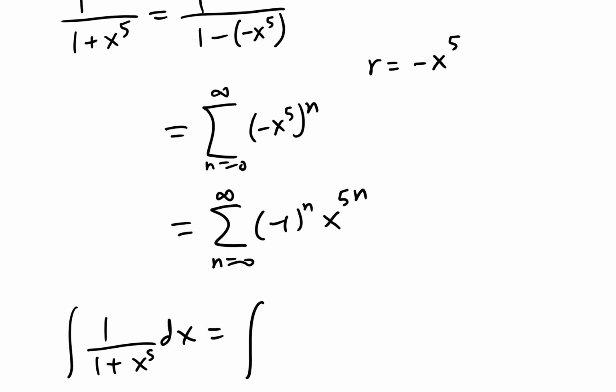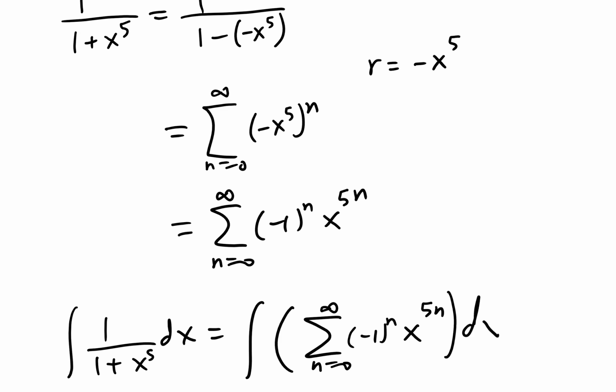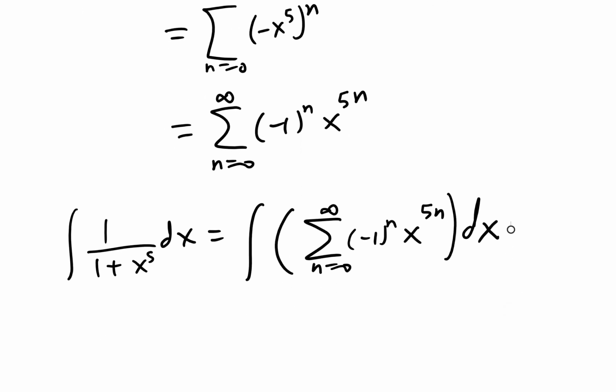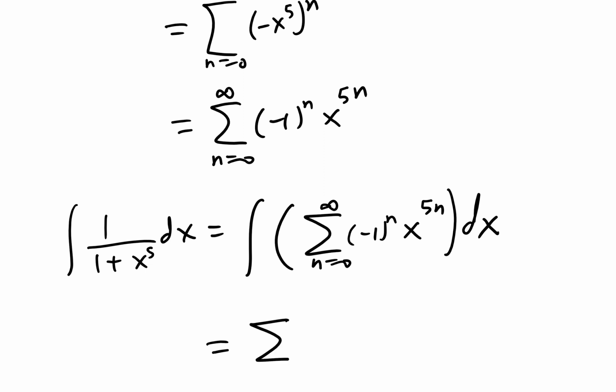The integral of 1 over 1 plus x to the 5th dx equals the integral of all of this sum dx, which is the sum, n goes from 0 to infinity, of the integral of negative 1 to the n, x to the 5n dx.